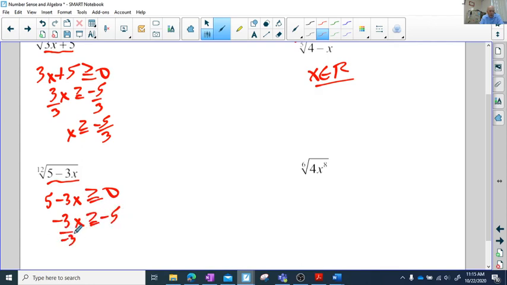To get x isolated, I need to divide by a negative 3, which means I must reverse my inequality to face the other direction. So it goes from greater than or equal to, to less than or equal to. Even index, but this is the same as the one we already had earlier. It doesn't matter what I put in there for x, I'm going to raise it to the 8th power anyway. So even if I did put a negative number in there or a positive number, it would be guaranteed to turn out positive anyway.